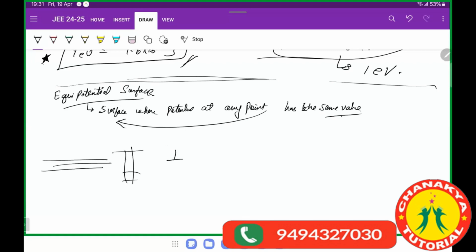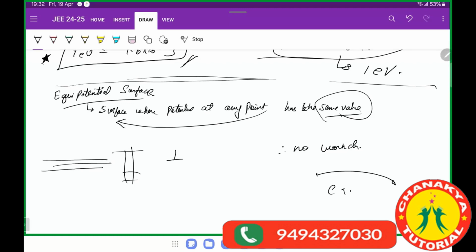As they are perpendicular and the potential is the same, there is no work done. No work done in moving a charge from one point to another point on an equipotential surface.